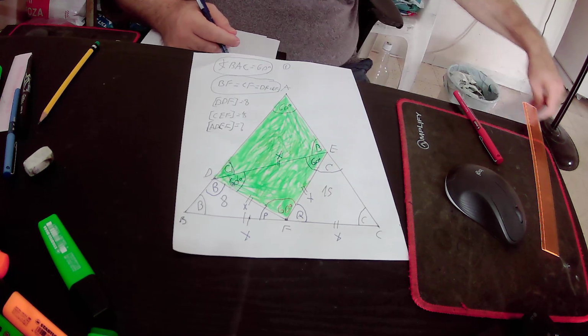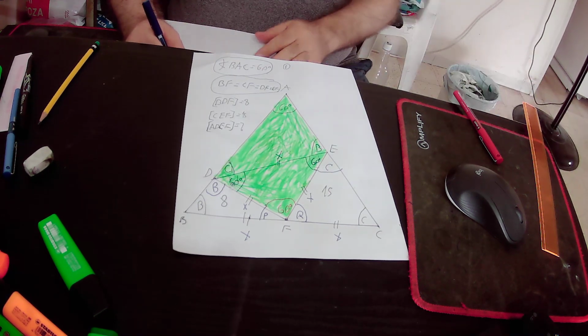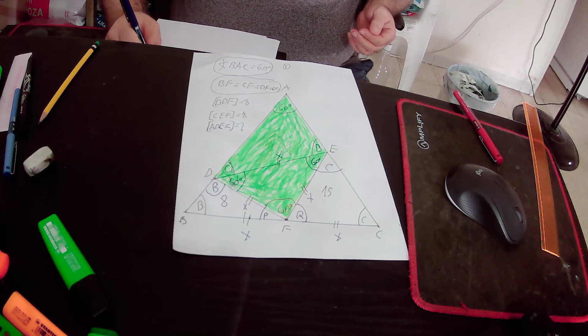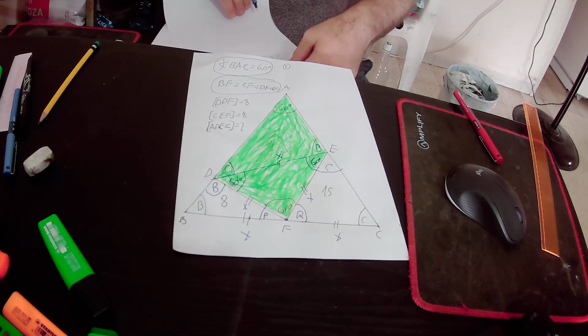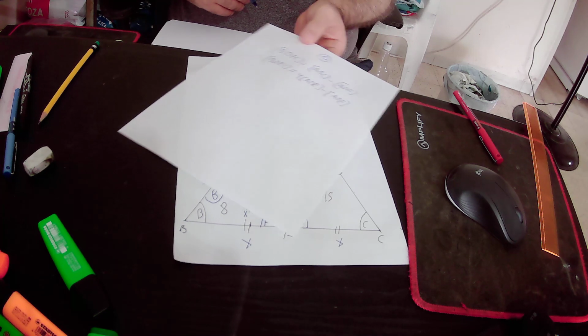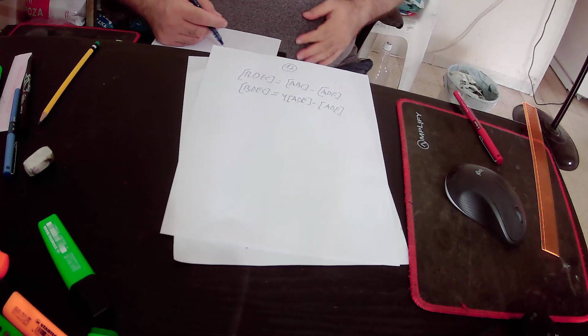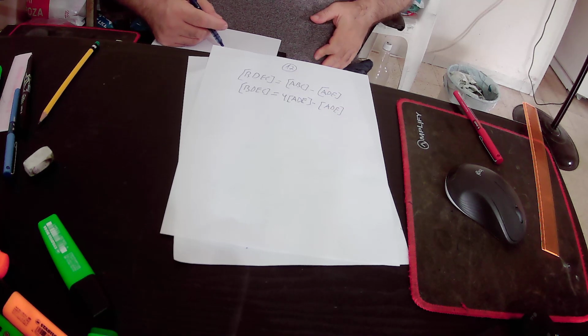So it equals 4 times the area of triangle ADE minus the area of triangle ADE. So the area of quadrilateral BDEC equals 4 times the area of triangle ADE minus 1 times the area of triangle ADE.